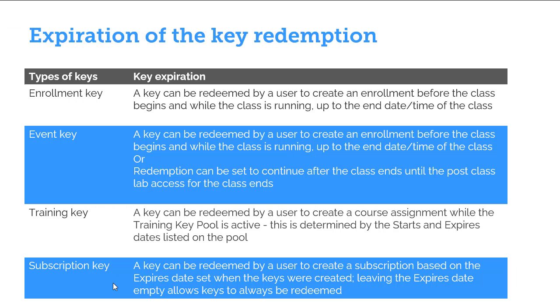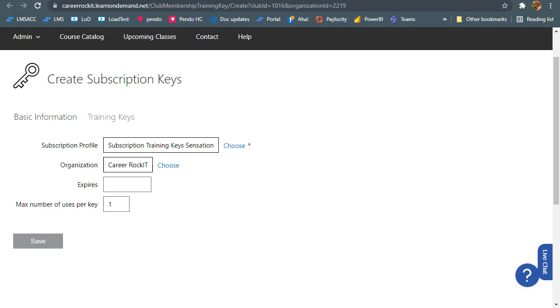And again, our last one is the subscription key. A key can be redeemed by the user to create a subscription based on the expires date that's set when the keys are created. Let's take a look at that as well. Back on the Create Subscription Keys page, and you'll see I have an expires date field right here.